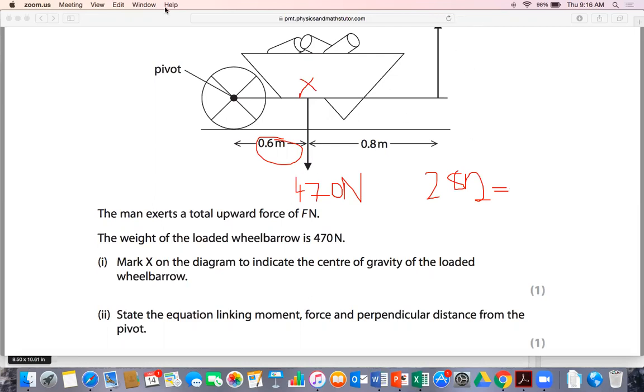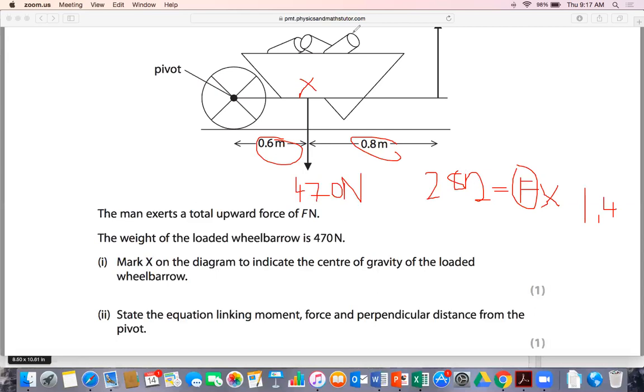If we look at the upward force, we don't know what the force is, but the distance from the pivot now is this whole thing, 0.8 plus 0.6, which is 1.4. How do I calculate F? 282 divided by 1.4.